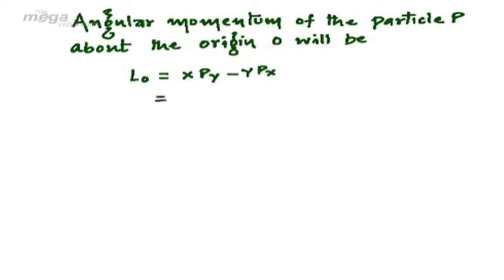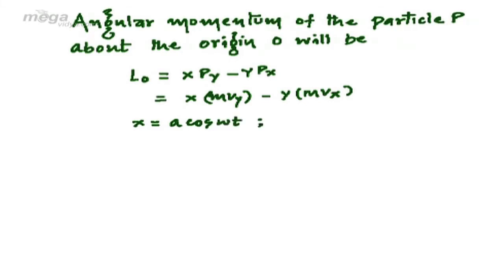So we can write it as x m vy minus y m vx. According to the question, x is given to be a cos ωt and similarly y is given to be b sin ωt.